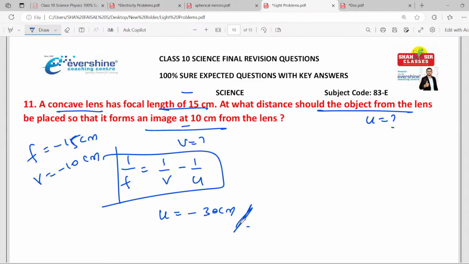You can try. We have done so many problems, right? Since u is negative, the object is in front of the lens, since it is a concave lens. Clear? Same method you should apply.